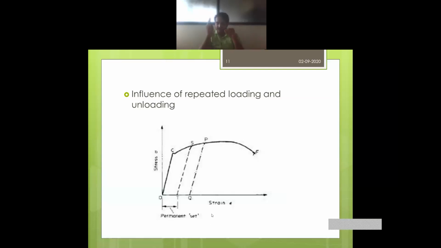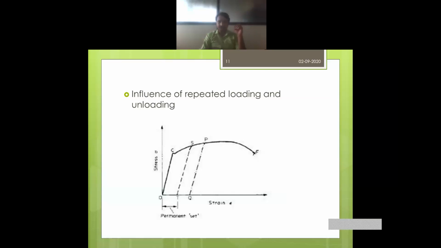Until a load point is reached it varies linearly, then it starts non-linear deformation. Also, these straight lines are all parallel to each other. We can even calculate the Young's modulus with this linear curve, also with this linear curve.